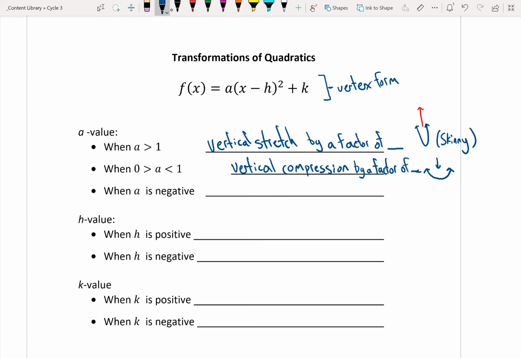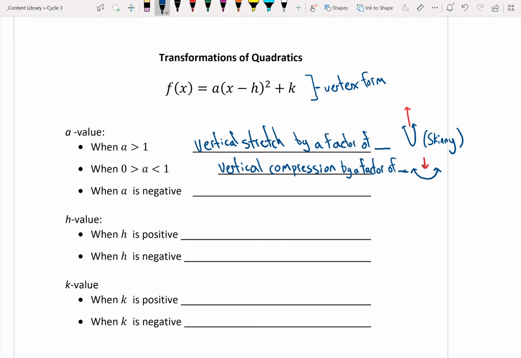Or in other words, for lack of a better term, you could say our parabola gets fat. It gets really wide.